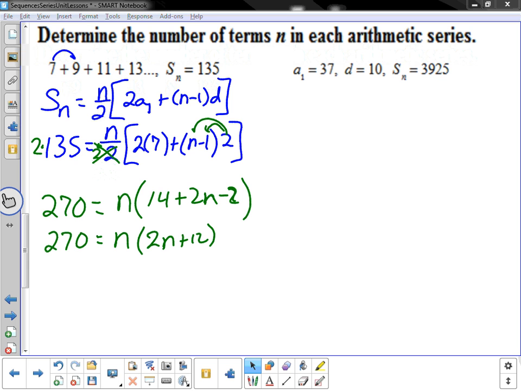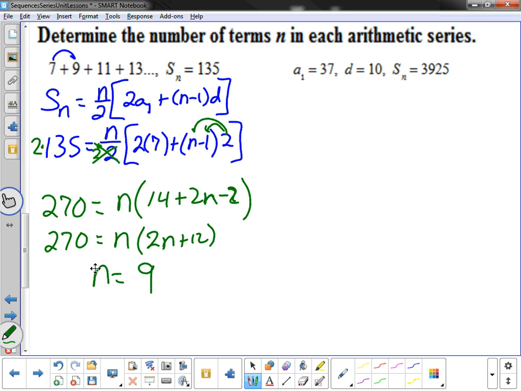Mentally, if I put a 10 in there, I get 10 times 32, too big. Maybe 8. 8 times 28. Probably not. Maybe 9. 9 times 30. Yes, n is 9, because 9 times 2 times 9 plus 12 gets me 9 times 30, which is 270. So we got it. That's one way to do it.